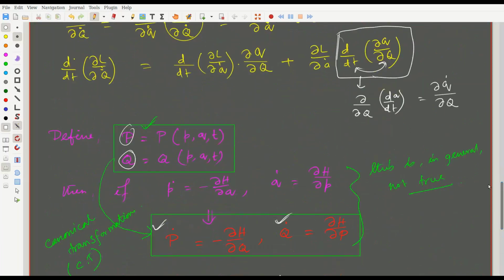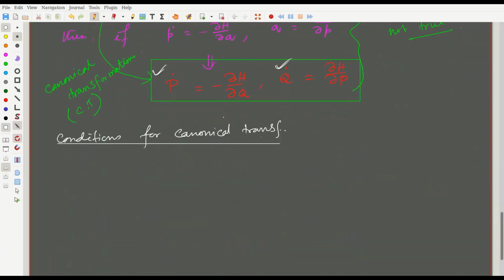The general canonical transformation, which depends explicitly on time, is a bit complicated to treat. So we will focus only on those where the new Q depends only on P and Q, and the new P also depends on P and Q. These are usually called the restricted version of canonical transformation.